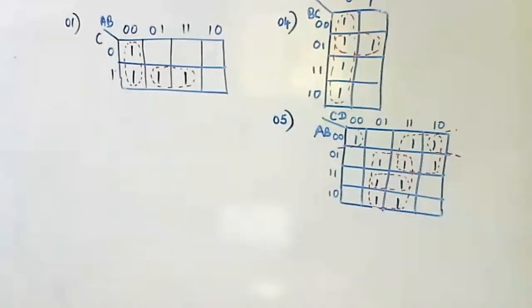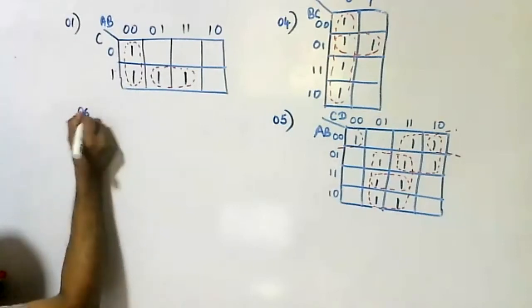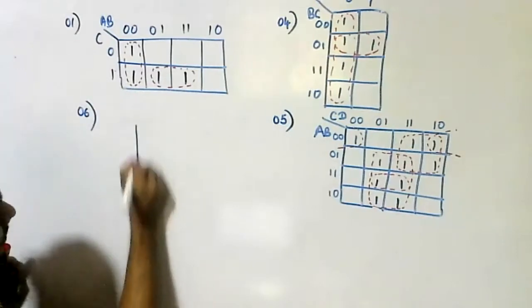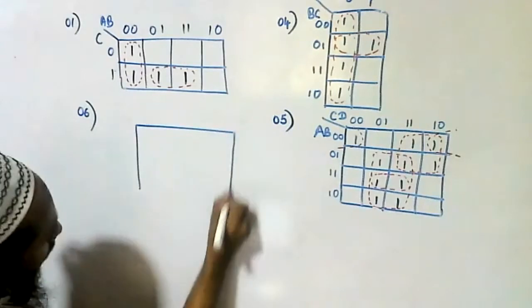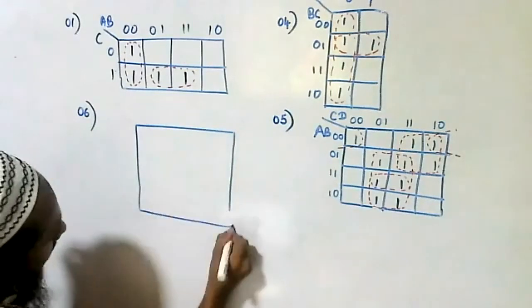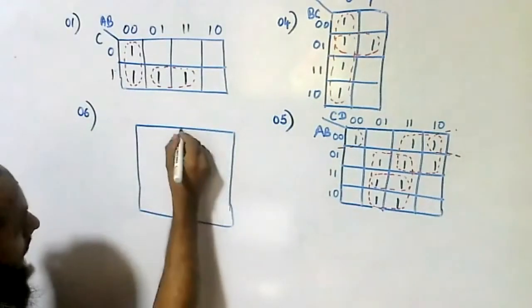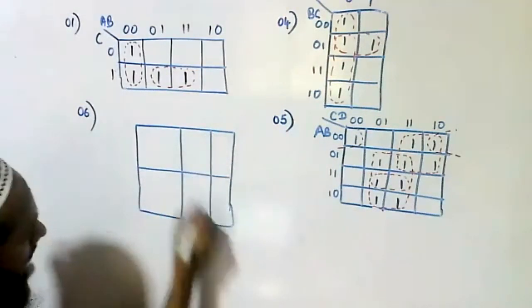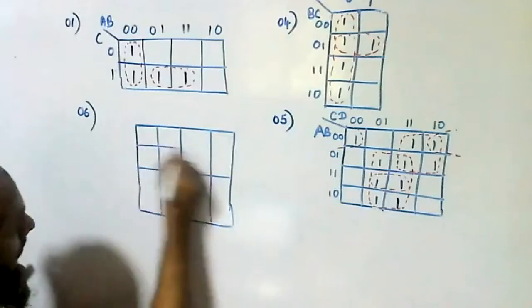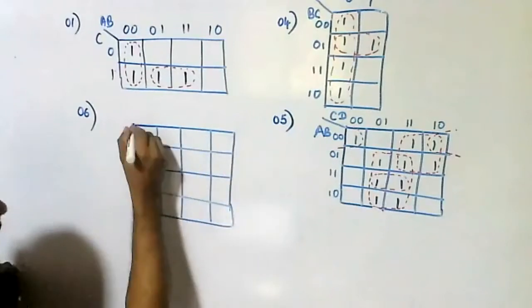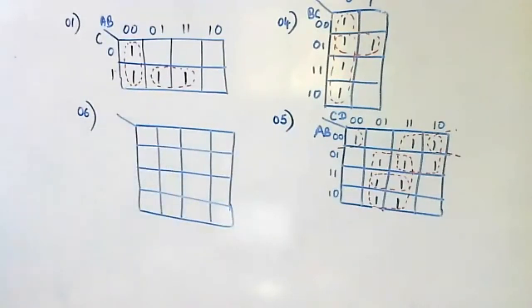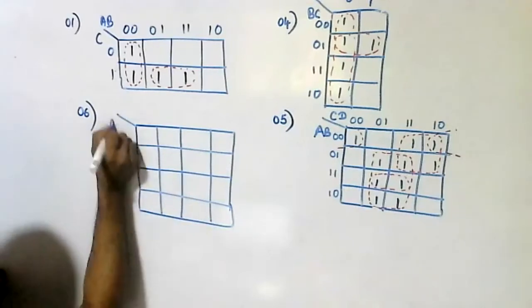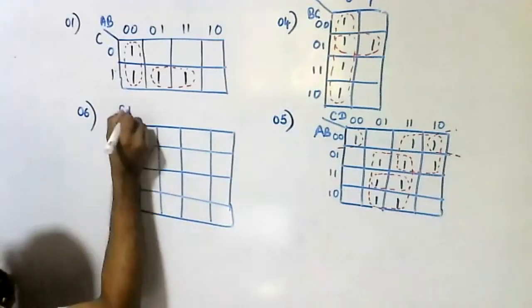Okay, 6th one. There are also 4 variables. That means we need 2 to the power 4, 16 cells in the Karnaugh map. The variables are given as A, B, C, D.